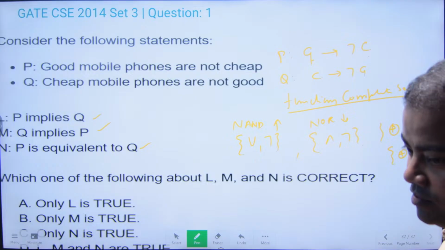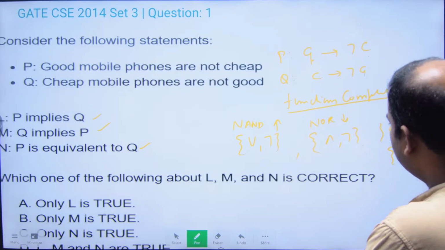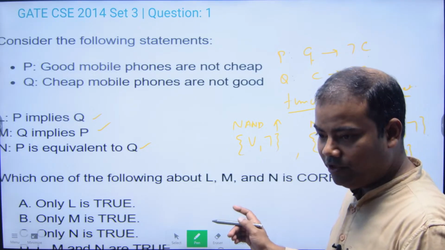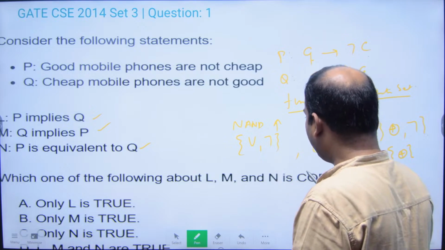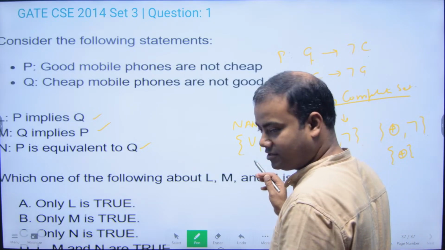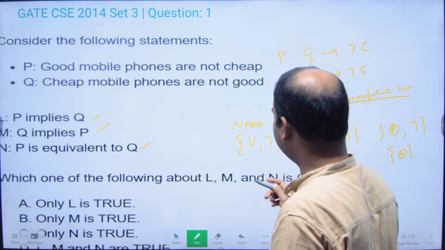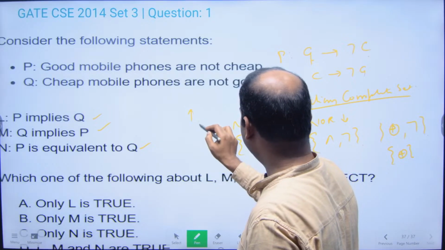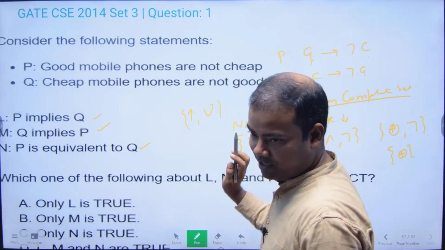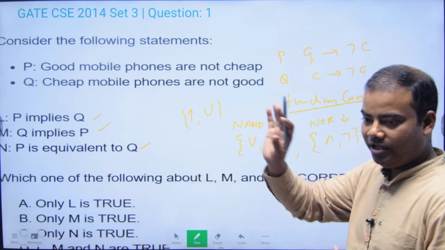Only using NAND you can make all gates. But now I am giving two options. If you add NAND and OR, that is also functionally complete. If you add anything, it will be functionally complete.